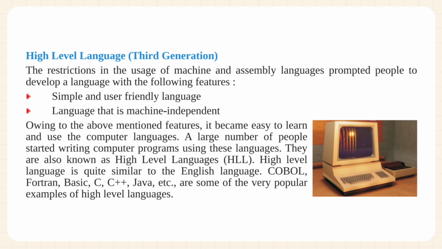A large number of people started writing computer programs using these languages. They are also known as high-level languages, HLL. High-level language is quite similar to the English language. COBOL, Fortran, BASIC, C, C++, Java, etc. are some of the very popular examples of high-level languages.